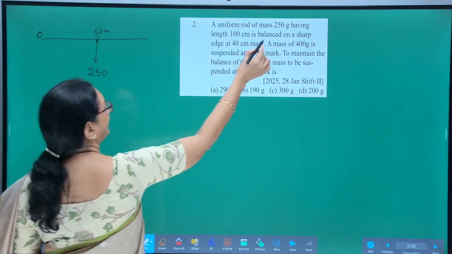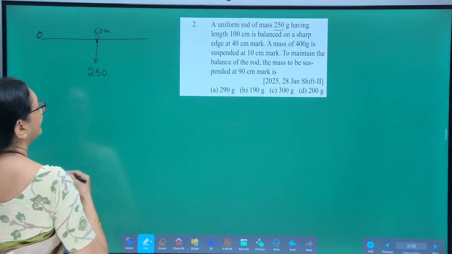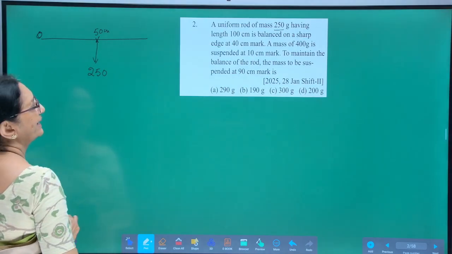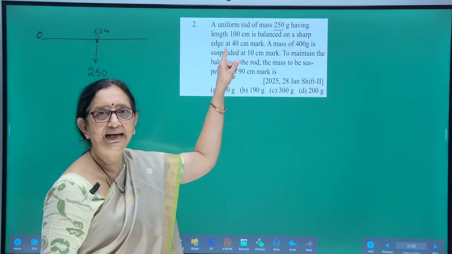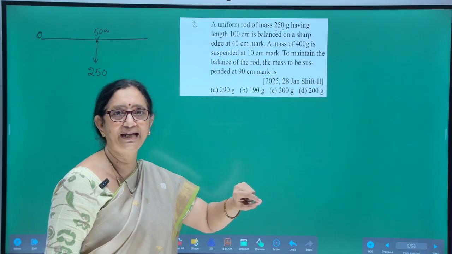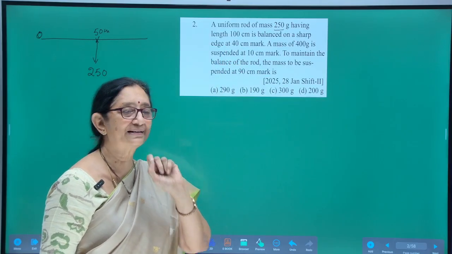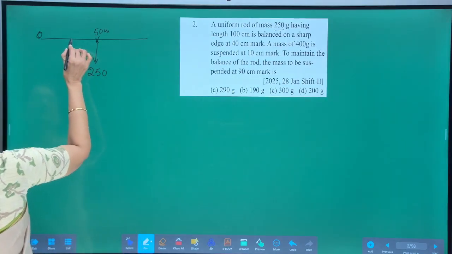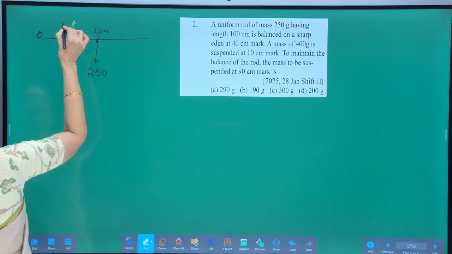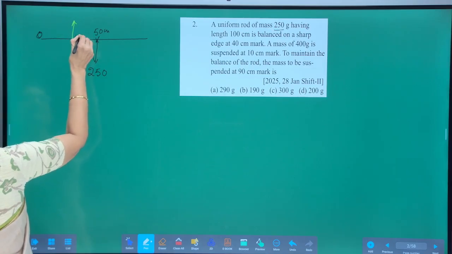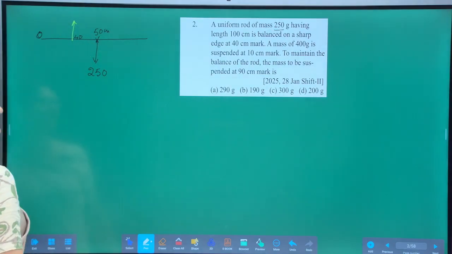So, mass of the rod is given as 250 grams, total length is given as 100 centimeters. It is balanced on a knife edge placed at 40 centimeters division. So, the knife edge located at 40 centimeters division exerts force in the upward direction.